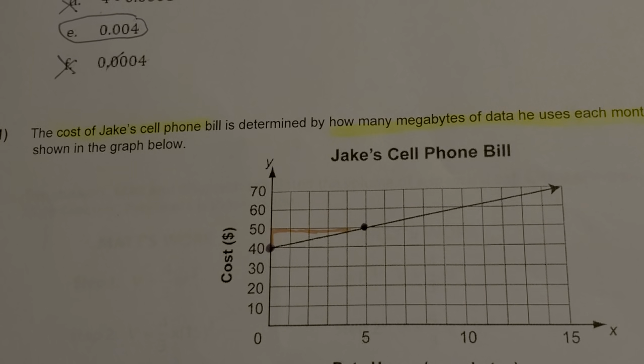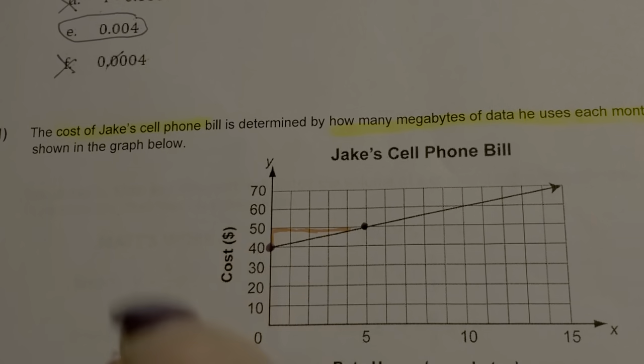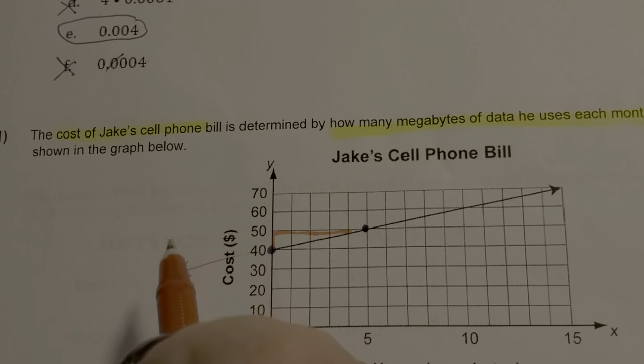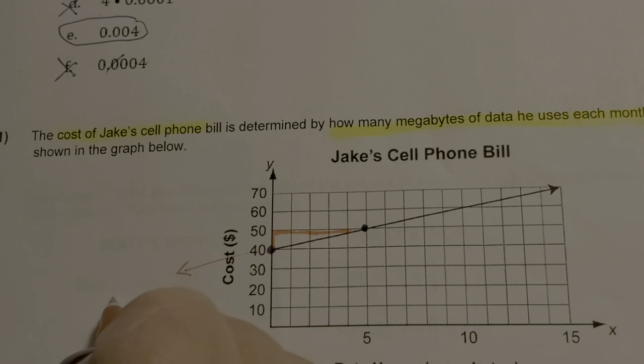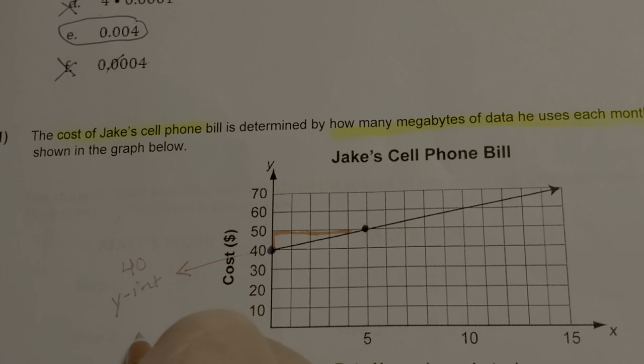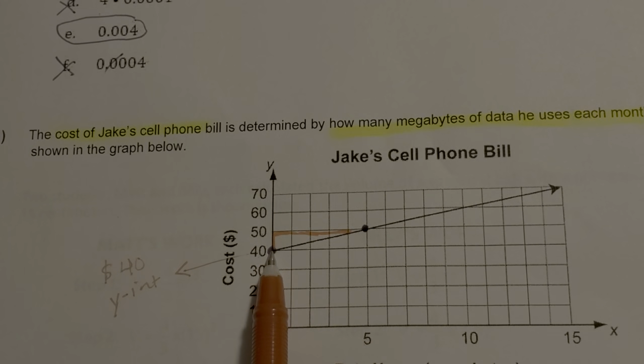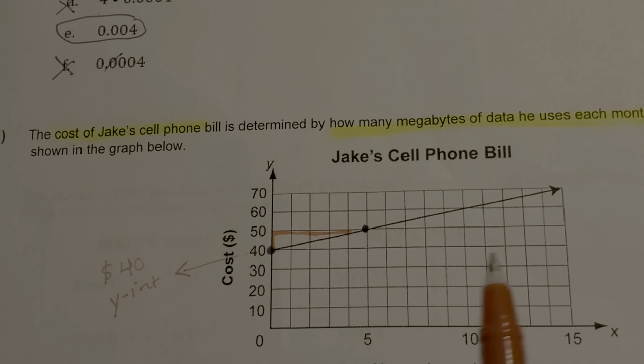Question 31 says the cost of Jake's cell phone bill is determined by how many megabytes of data he uses each month, as shown in the graph below. If we notice that the initial cost, or the y-intercept here, is $40 that he pays each month, then it increases to 50 for 5 megabytes of data.